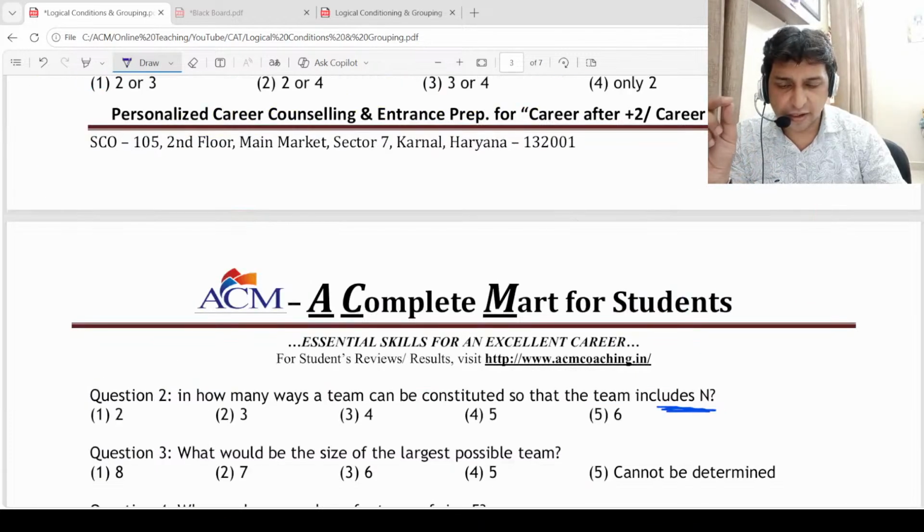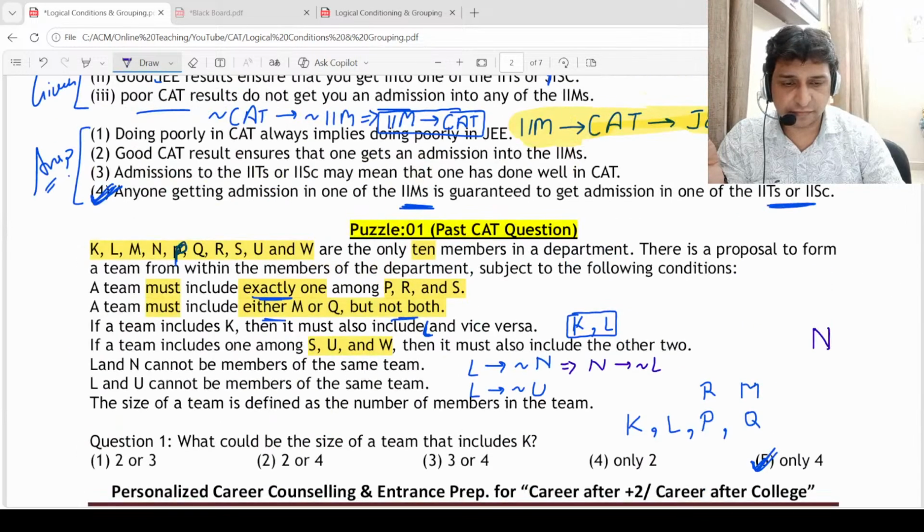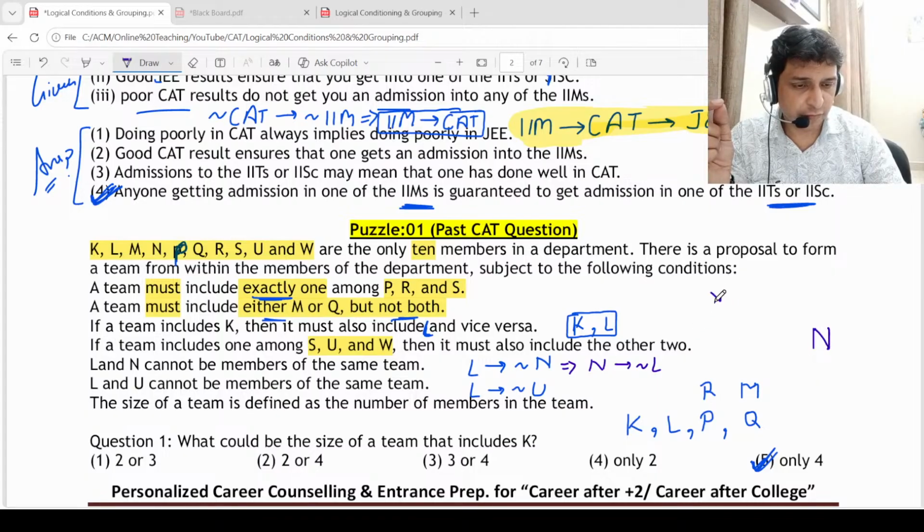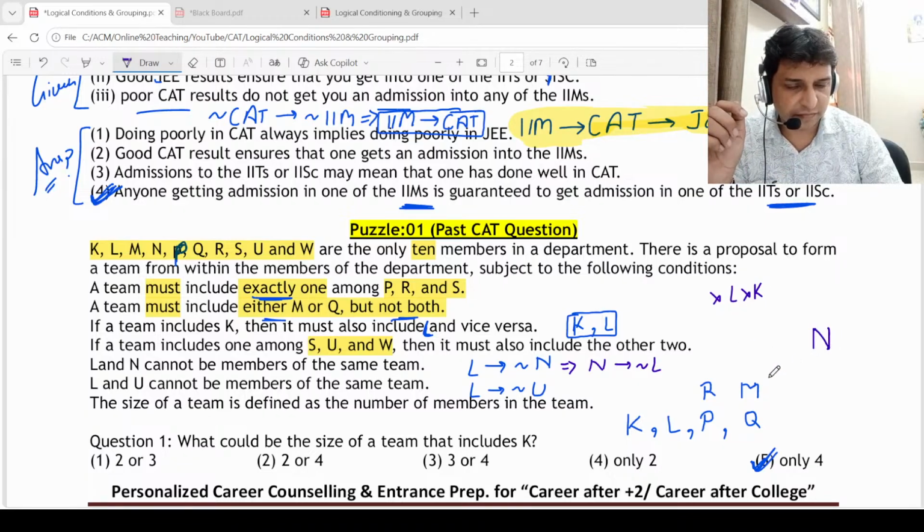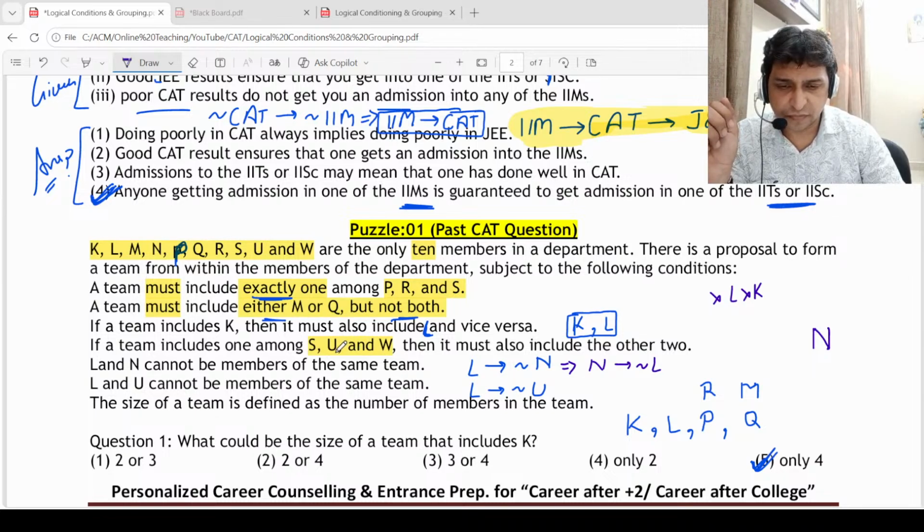My question is, in how many ways can a team be constituted? So we can't have L, we can't have K. That is clear cut. Now, out of P, R, S, we have to take one, and out of M or Q, we have to take one.